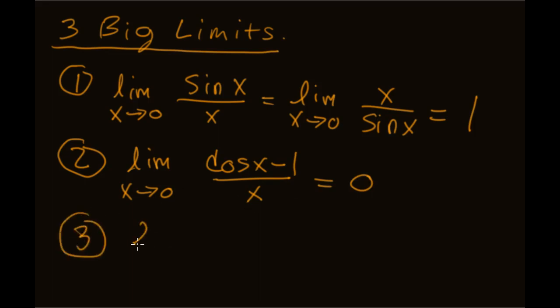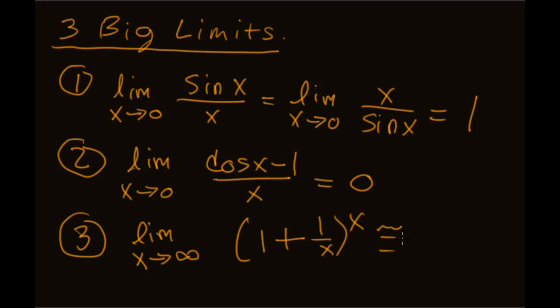And number 3, now notice this one's slightly different. The limit as x approaches infinity of 1 plus 1 over x to the x. I'm going to put 2 dots here, because this is really significant.